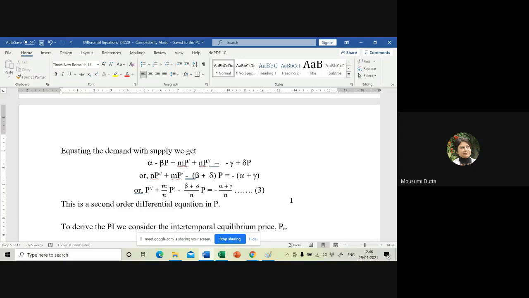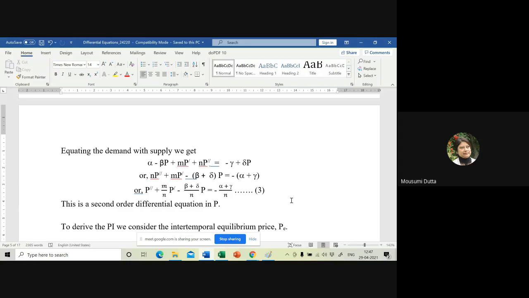So the constant term on the right hand side is not there in our analysis anymore. Remember that deriving the characteristic roots will be done only for the homogeneous form of equation number 3.